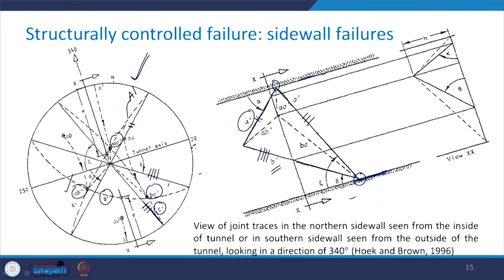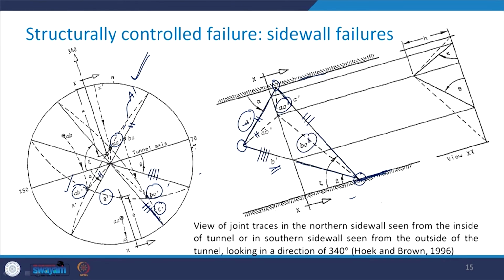Then how to locate the apex of the wedge? What you need to do is see from A prime, B prime, this is the intersection point. From this point, you draw a parallel line to this AB prime, which is here, this line. Then similarly, you draw these parallel lines AC prime and BC prime.